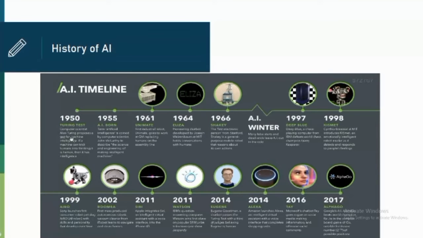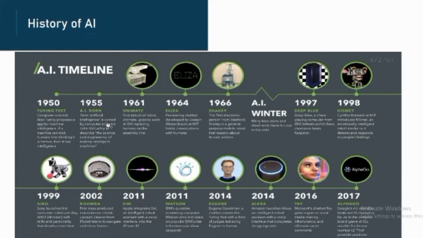You can say the Turing test approach. The first approach was initiated by Alan Turing in the 1950s with the Turing test approach. So we have gone through this. The actual term was coined by McCarthy in 1955 with the description, the science and engineering of making intelligent machines.